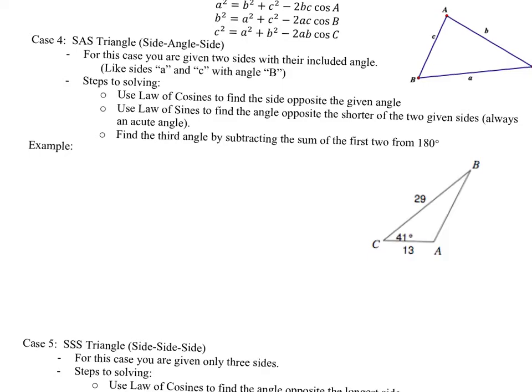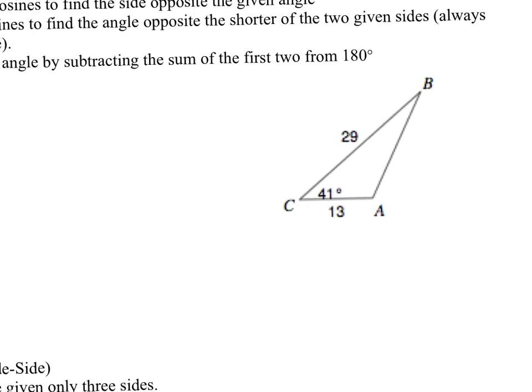So let's see what this looks like with this triangle here. I've drawn this triangle out so you can see that what we really do have here is a side, an angle, and a side. And these are proportional. I drew them out on Geometer's Sketchpad so that you could see what it really looks like with this triangle.